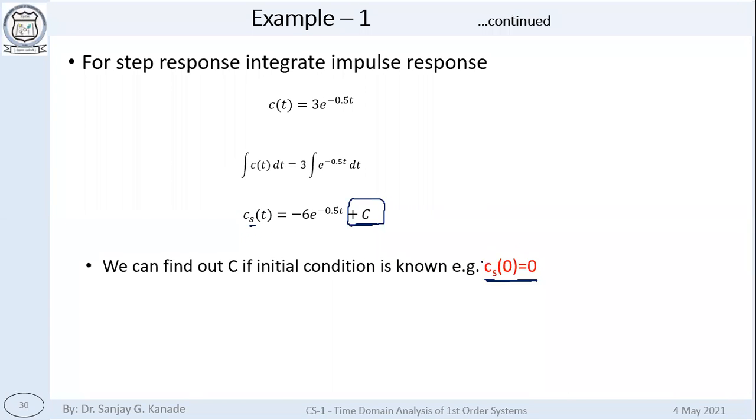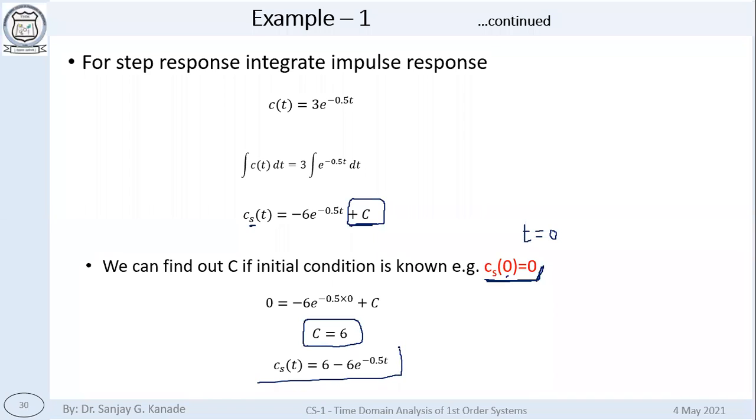This means t is equal to 0, which is the initial condition. If we substitute this in the equation, the value of c is 6. So the final answer for the step response is Cs(t) is equal to 6 minus 6 e raised to minus 0.5t.